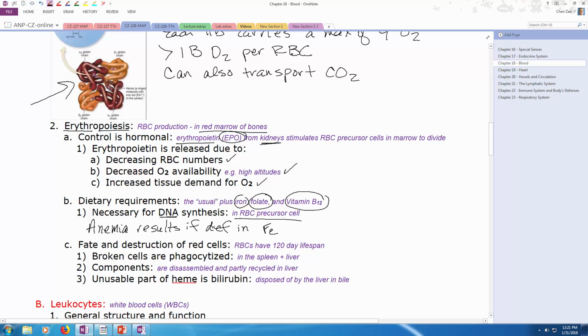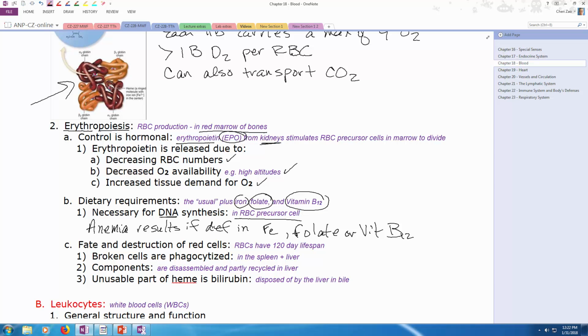Fe's for iron. Folate, I don't know the abbreviation for folate. Or vitamin B12. The reason they always call it vitamin B12, it's cyanocobalamin, is its really long name, and sometimes it gets to be a bit of a tongue twister. So vitamin B12. Any of these things can cause deficiency.